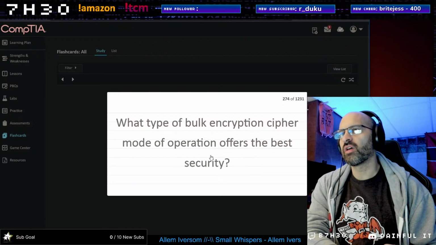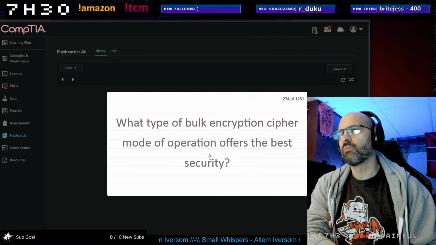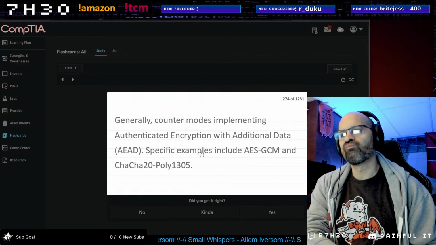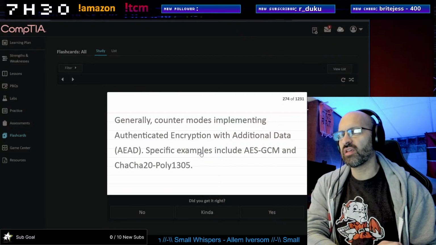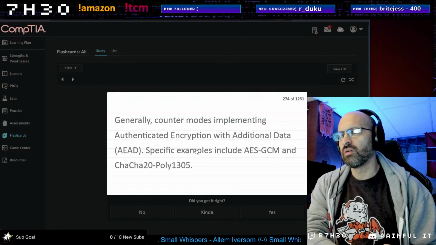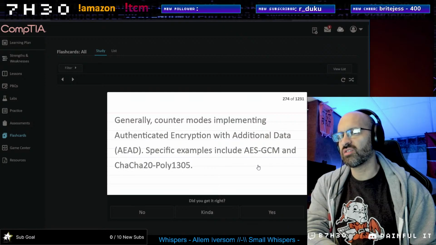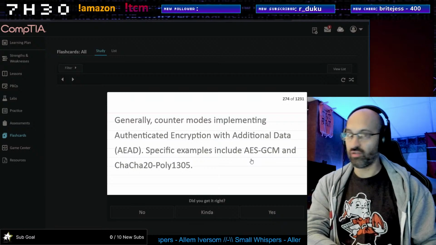I want to say symmetric. Generally, counter modes implementing authenticated encryption with additional data. AEAD. Specific examples include AES GCM and ChaCha20-Poly1305.